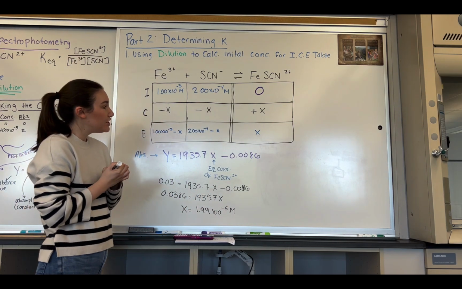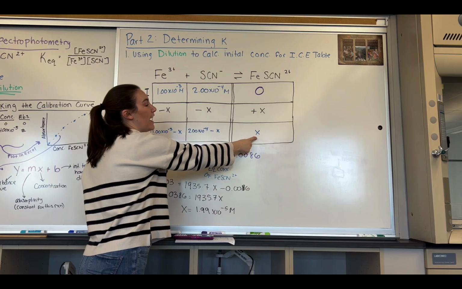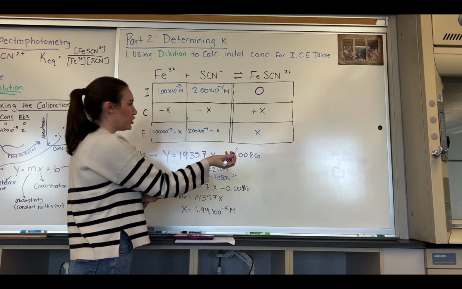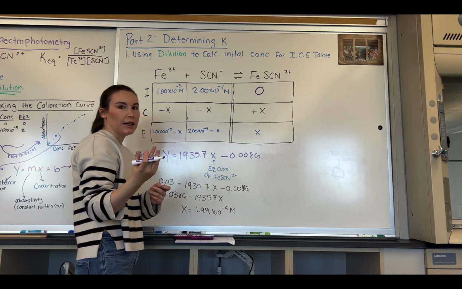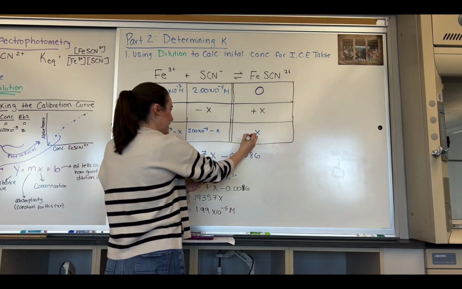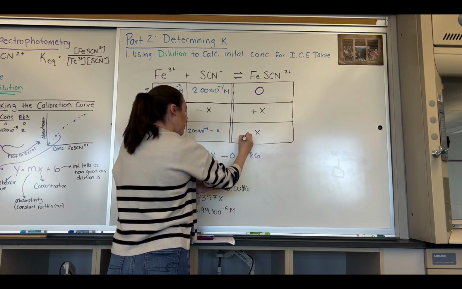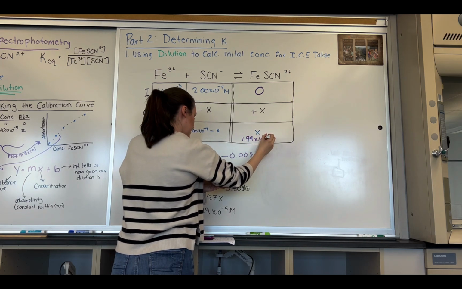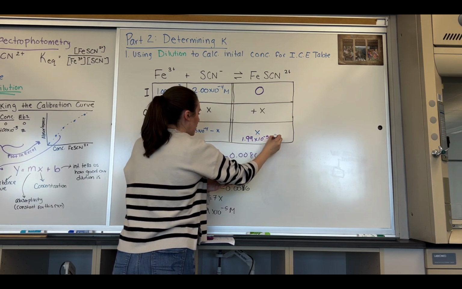Okay, so that's my value of x here. So we can plug that in for x. I'm just going to show it in the same box, but in a different color. So x is now 1.99 times 10 to the minus 5 molar.